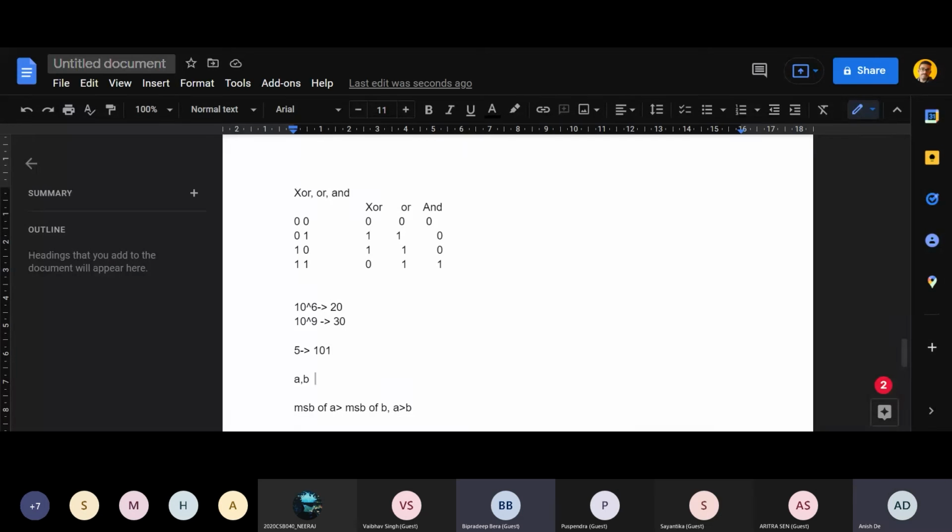Why is this true? Because 2 to the power 0 plus 2 to the power 1, and so on, till 2 to the power n minus 1, this summation is less than 2 to the power n. Okay.